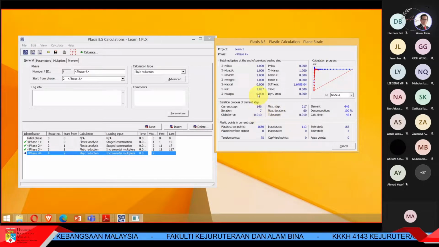Okay. So the same thing, it seems the factor of safety is good, 1.8. Okay, we just wait.